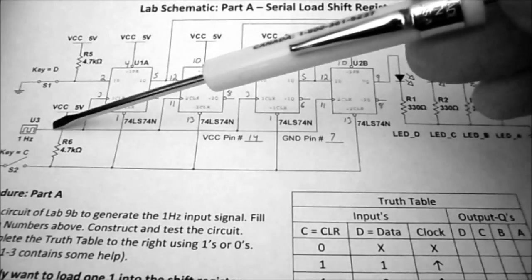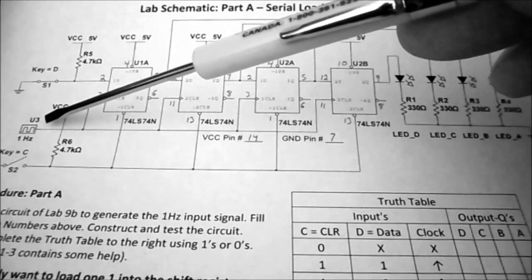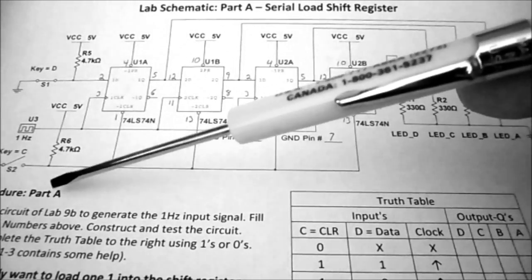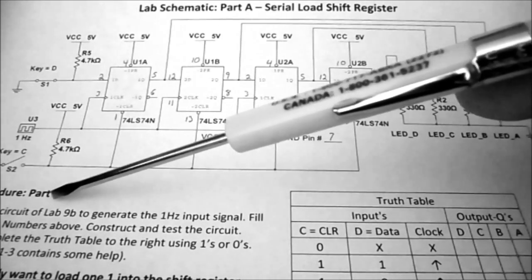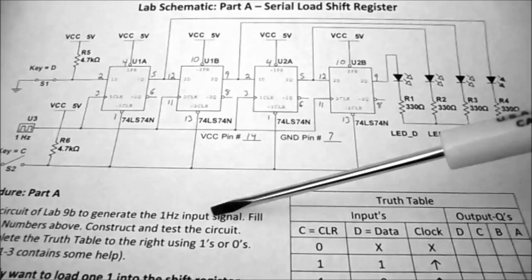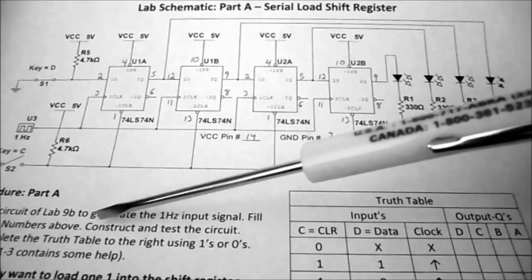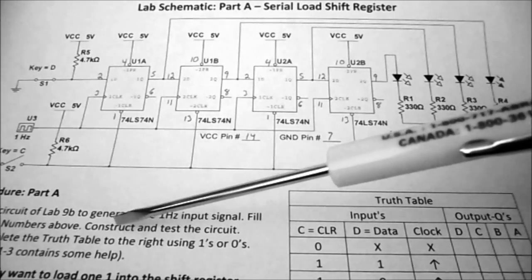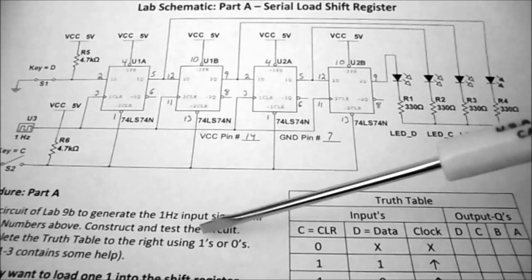We have a U3 here, and the U3 says it's 1 Hertz. Under Procedure Part A, it says use the circuit of Lab 9B to generate the 1 Hertz input signal. We're to fill in the pin numbers above, construct and test the circuit. The completed truth table to the right uses 1s or 0s.